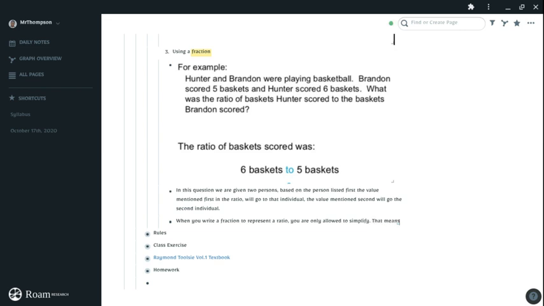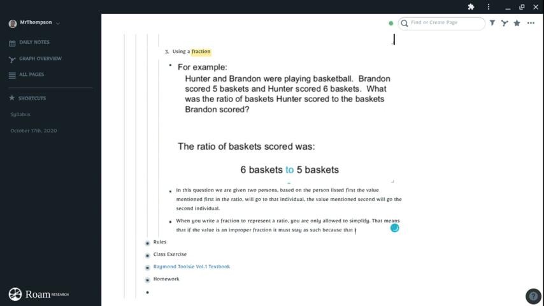That means that if the value is an improper fraction, it must stay as such, because that is a comparison of two values. Simple. So when you write a fraction to represent a ratio, you are only allowed to simplify.